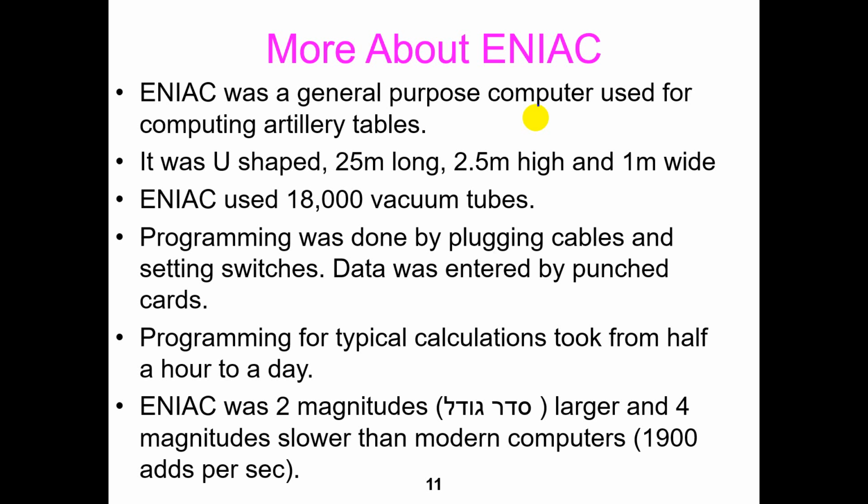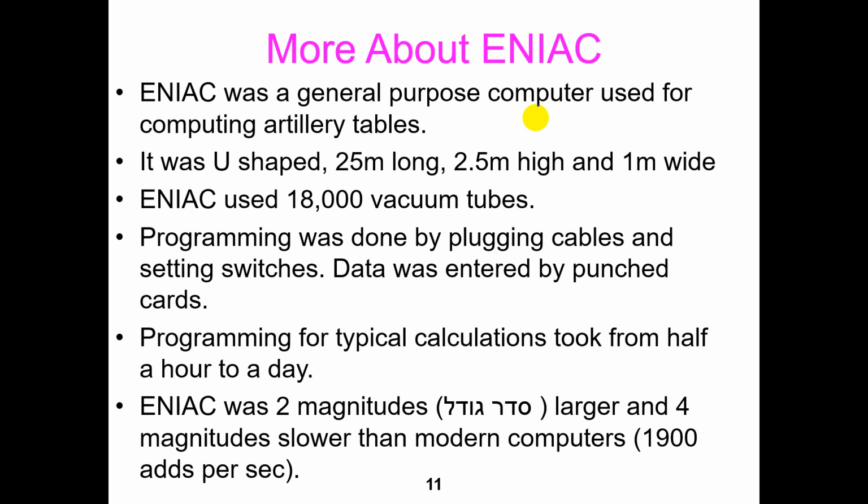More about ENIAC. ENIAC was a general-purpose computer used for computing arithmetic tables. It was U-shaped, 20 meters long, 2.5 meters in height, and 1 meter wide. ENIAC used 18,000 vacuum tubes.